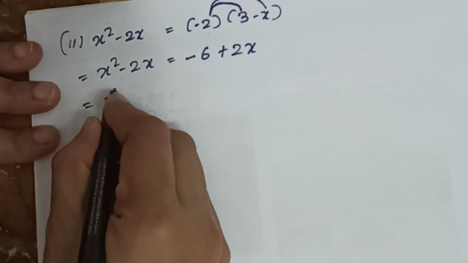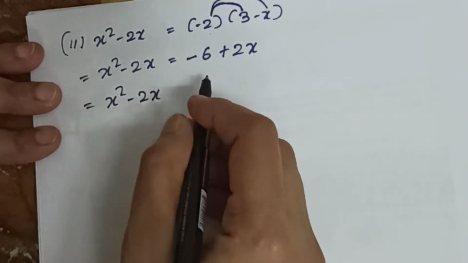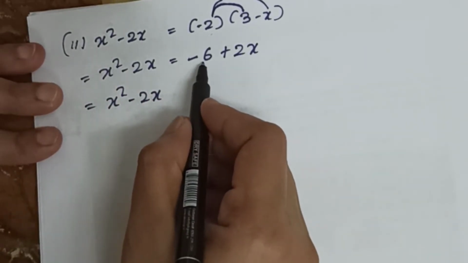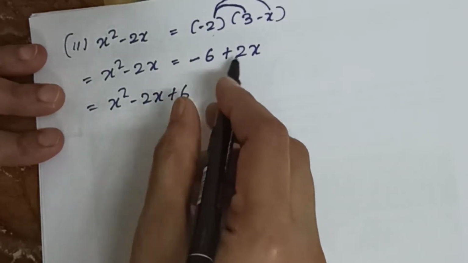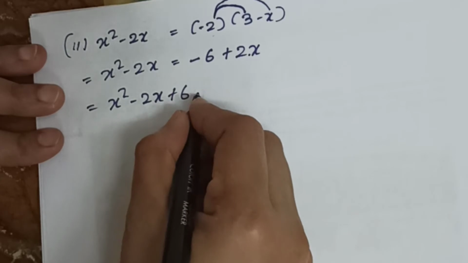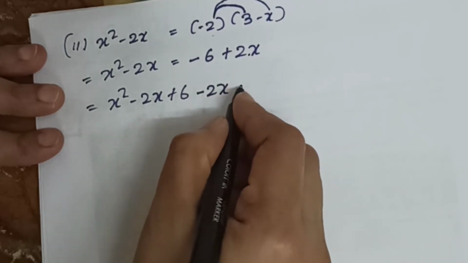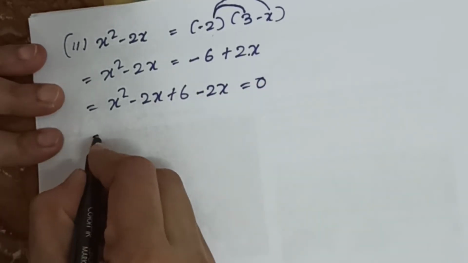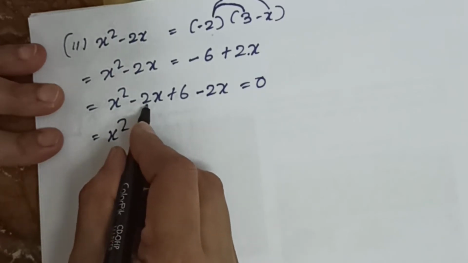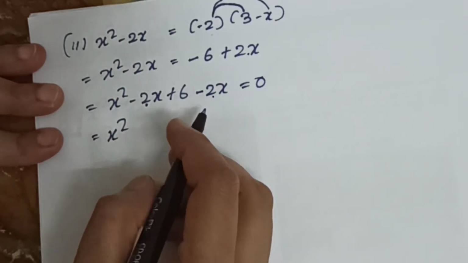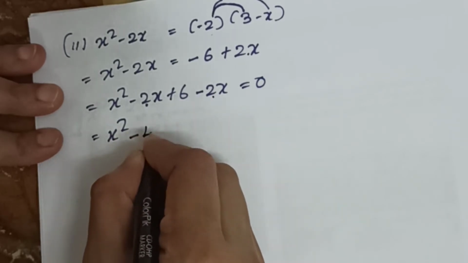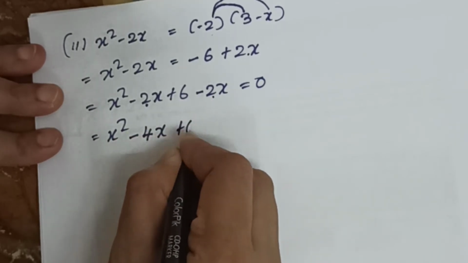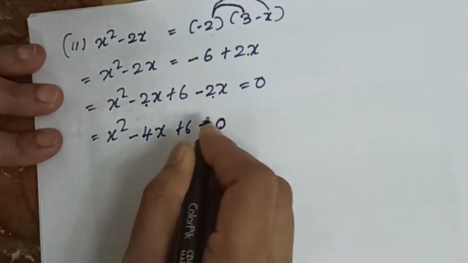Now we have to simplify x square minus 2x. Now the minus 6 from the right hand side goes to the left hand side, it will become plus 6. Plus 2x goes to the left hand side, it will become minus 2x, equal to 0. So here we have x square minus 2x and minus 2x, that is minus 4x, plus 6 equal to 0.